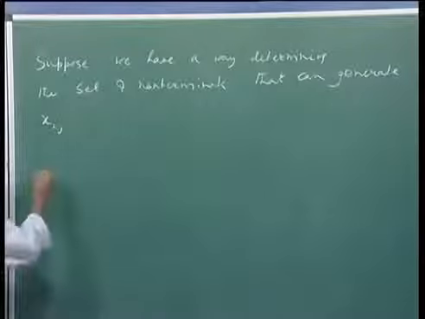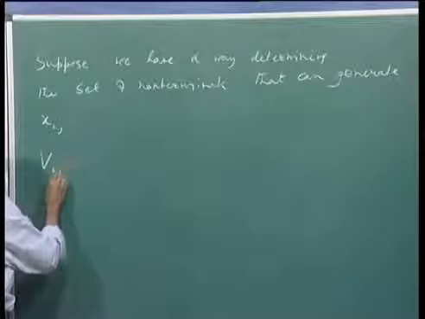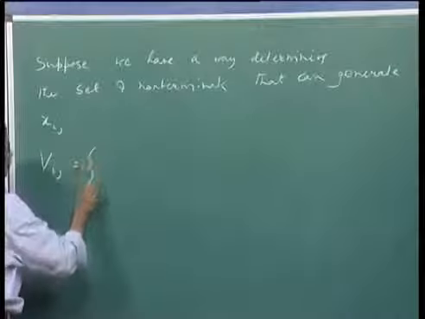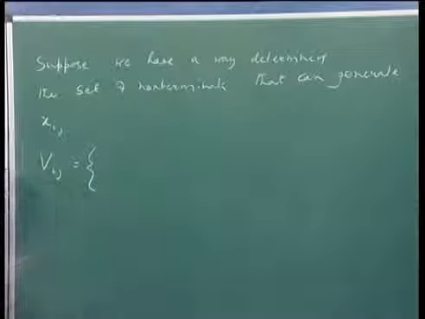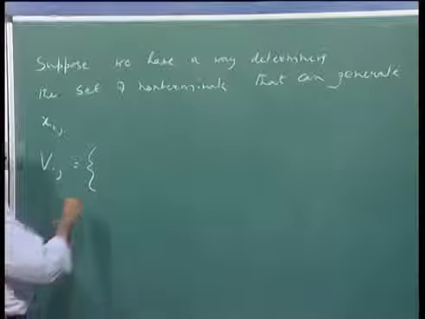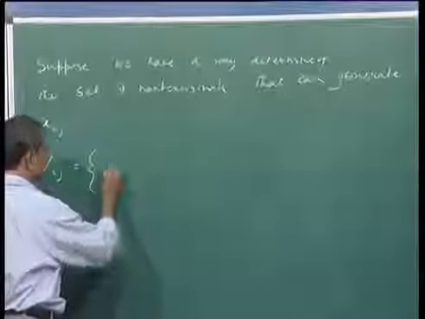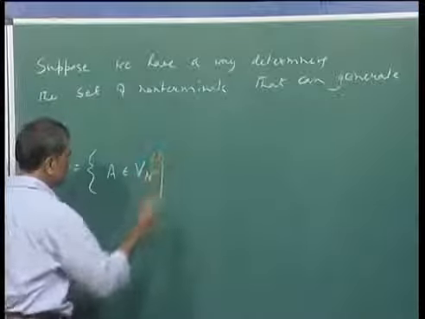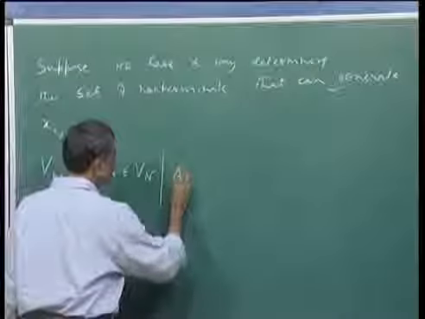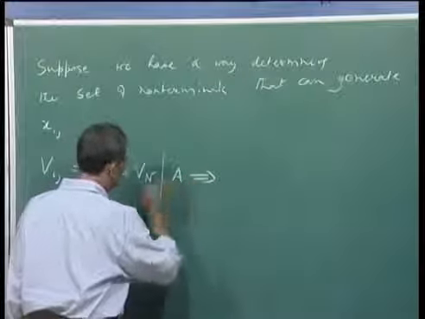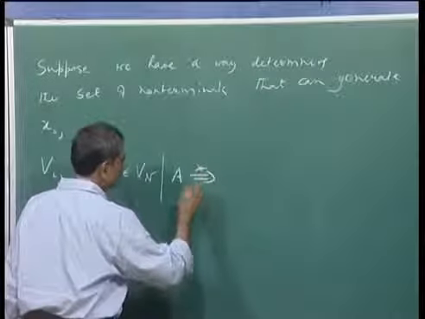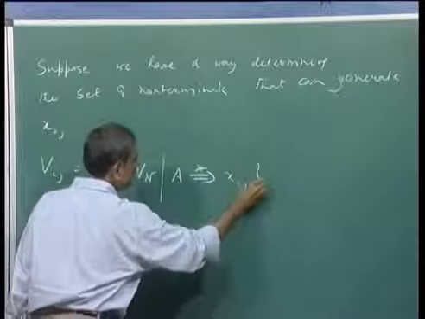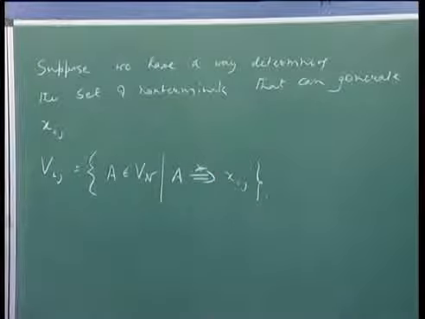Let me call this set Vij. Let me write it formally. Vij is the set of all non-terminals A such that these non-terminals all derive the string Xij.